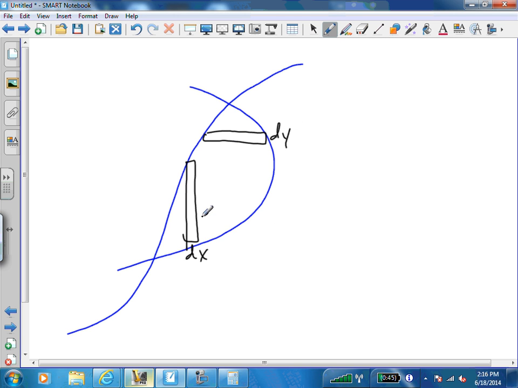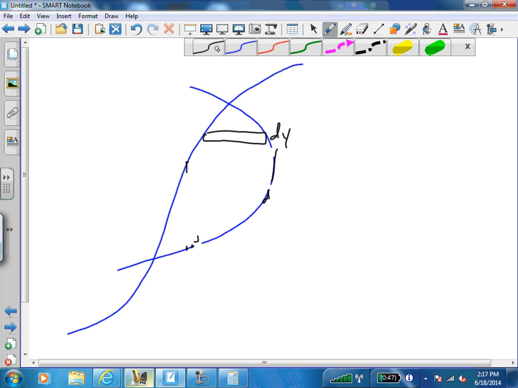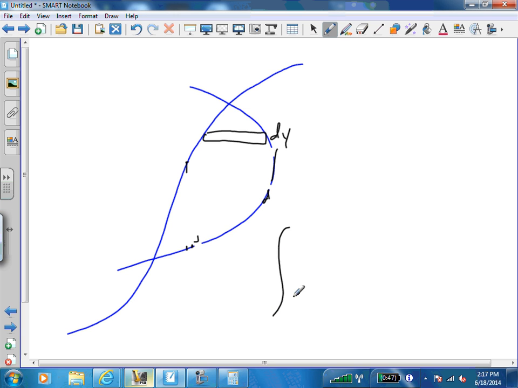There are times that a sample element dx does touch both functions. But notice there are also times where if we were to draw the sample element with dx, the ends touch the same function. We can't have that. So we have to use the dy. So we're going to integrate dy.